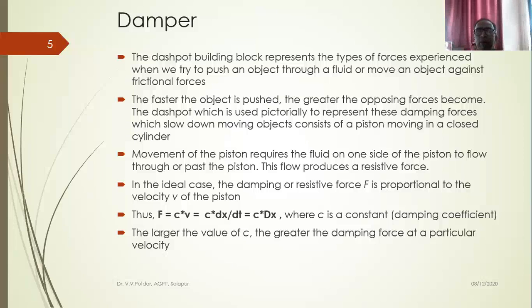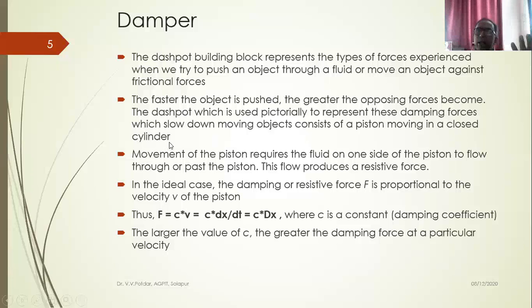So what is the objective? To reduce the frictional forces, isn't it? The faster the object is pushed, the greater the opposing force becomes. The dashpot, which is used pictorially to represent these damping forces which slow down moving objects, consists of a piston moving in a closed cylinder. This is a classical damper.